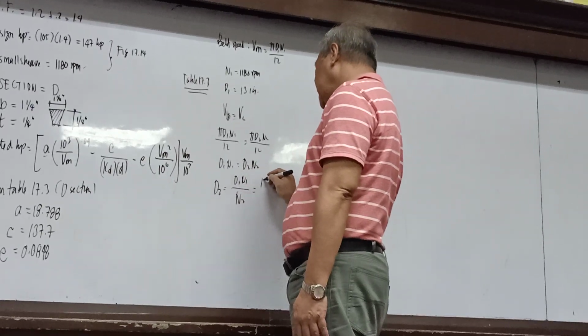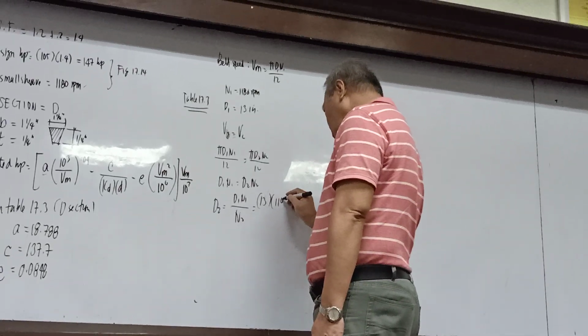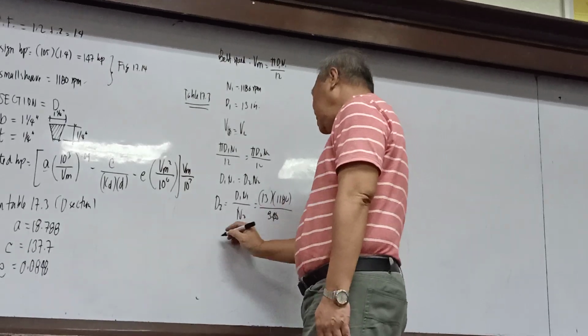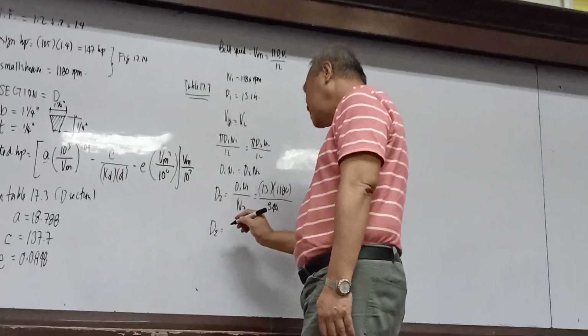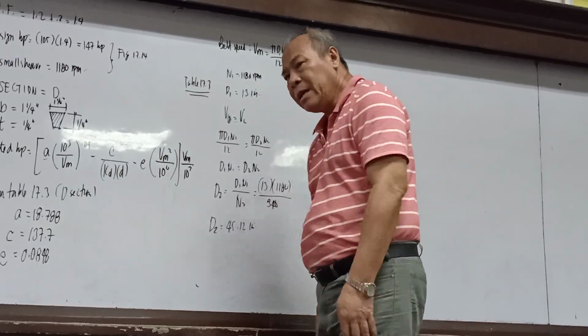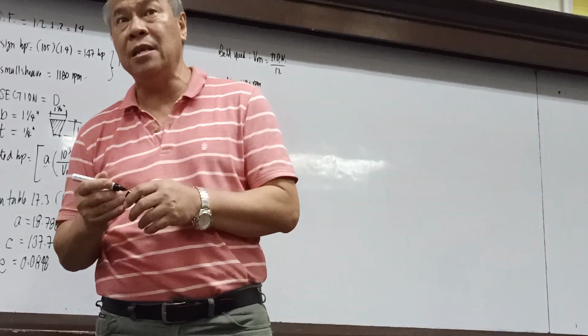Ang D1 natin ay 13 multiplied by 1180 all over 340. So what will be your D2? 45.12 inches.